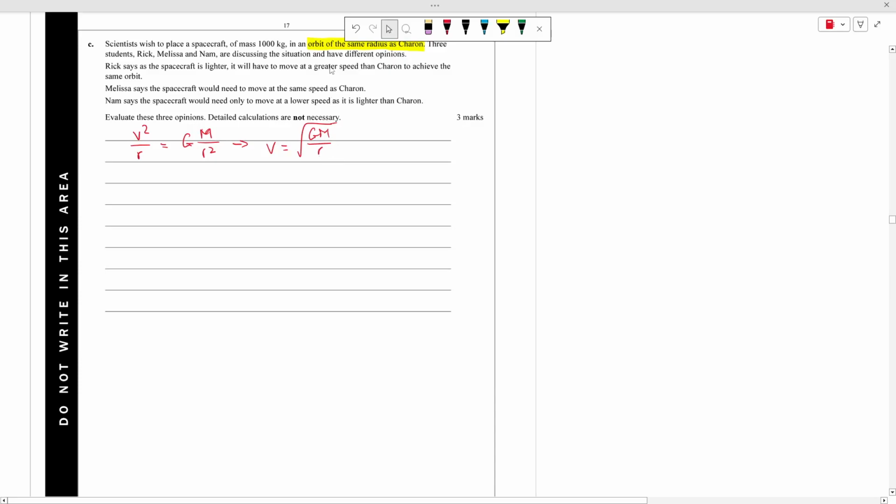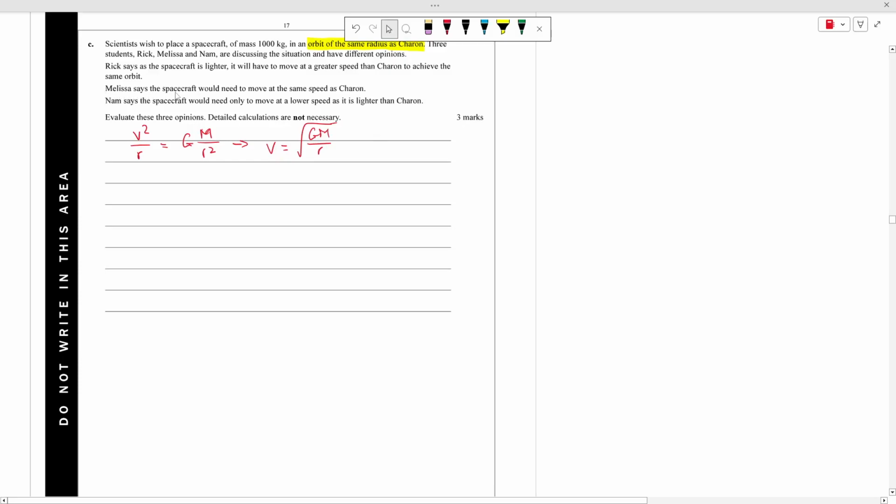Now the fact that this spacecraft is to have the same orbital radius as Charon means that it should have the same orbital velocity as Charon, because this r is not changing. This r is the same for both Charon and this spacecraft. And they're both orbiting Pluto, so this m is not changing either. So the fact that m and r are not changing means that they both have the same orbital velocity.